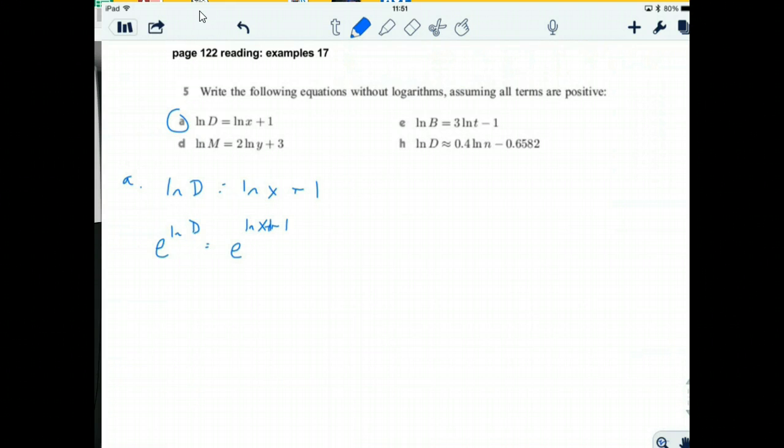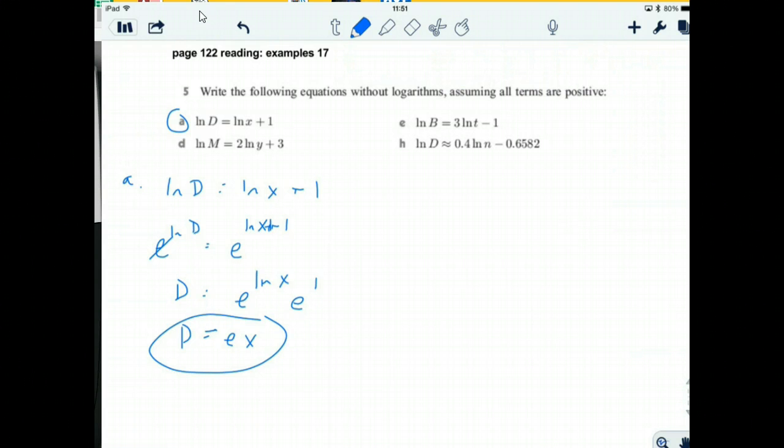And so we're going to simplify that. e to the natural log d is just d. e to the natural log x plus 1, that's the same thing as e to the natural log x times e to the 1, which is equal to x times e. Okay, so d is equal to e times x.